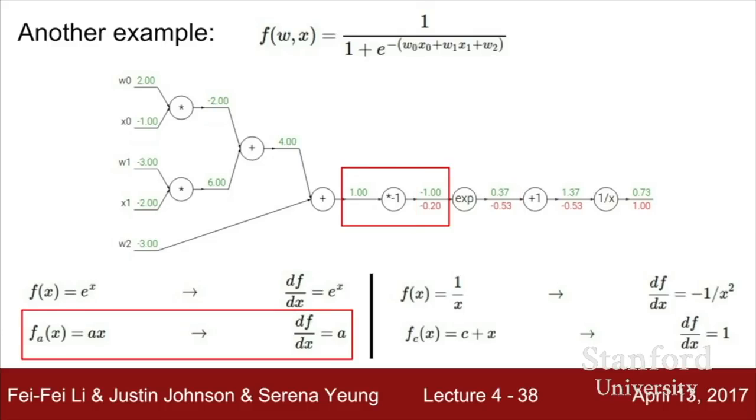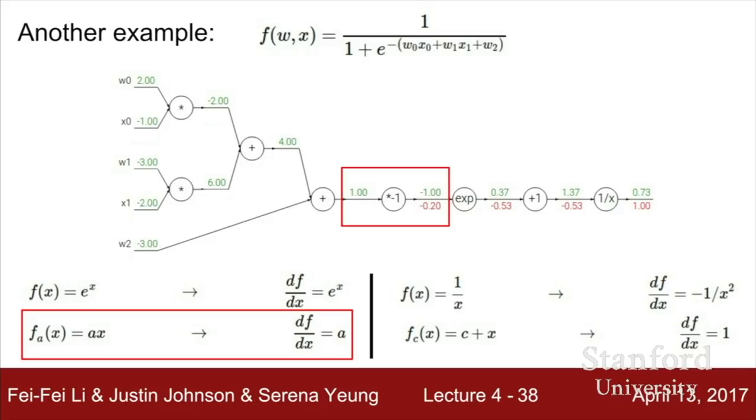OK, now one more node. The next node that we reach is a multiplication with negative 1. What's the upstream gradient coming down? Negative 0.2. And what's the local gradient? You can look at the reference sheet.